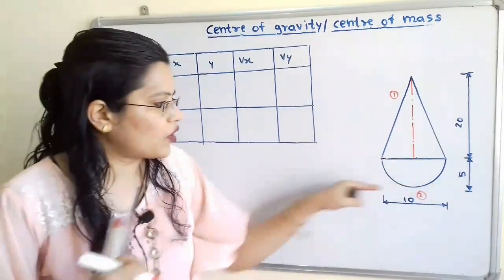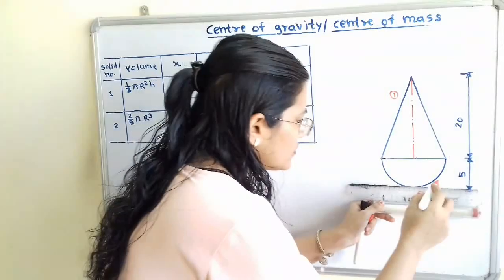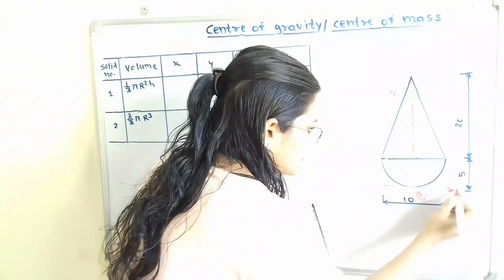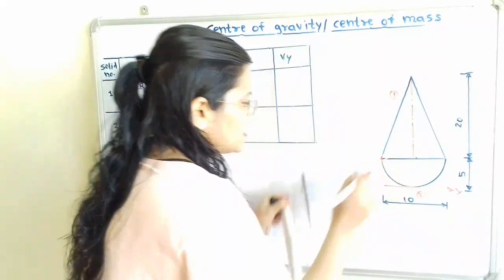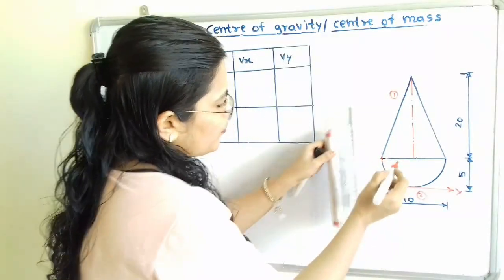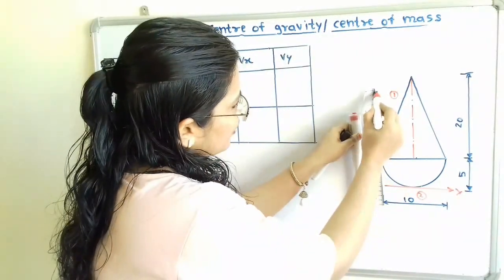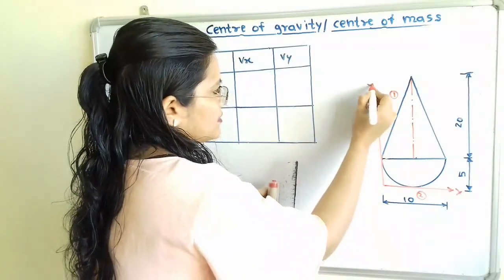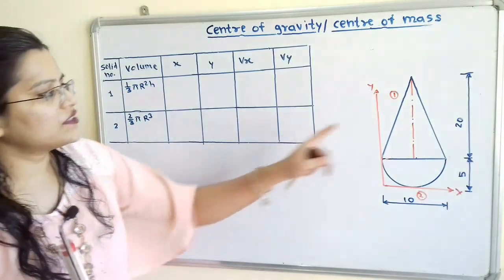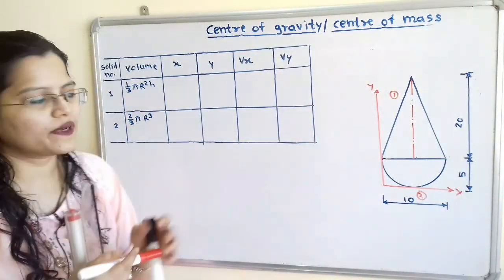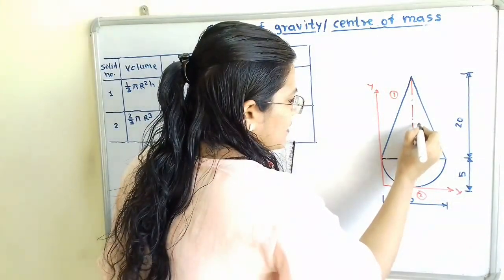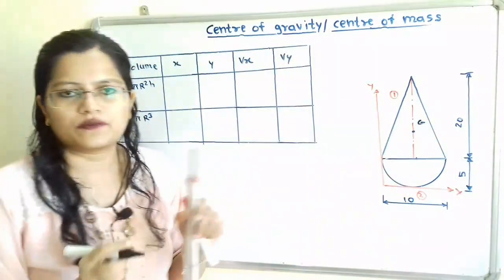From this bottom point I will draw the horizontal line, known as the x-axis. And through this point we will draw one vertical line, known as the y-axis. Now for this cone we know the center of gravity, that is point G, will be at the height h by 4.